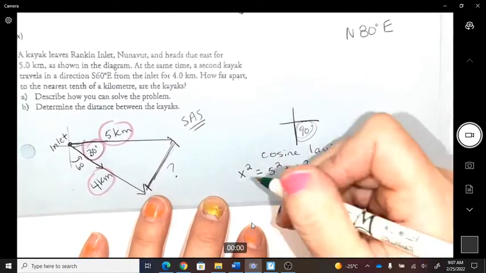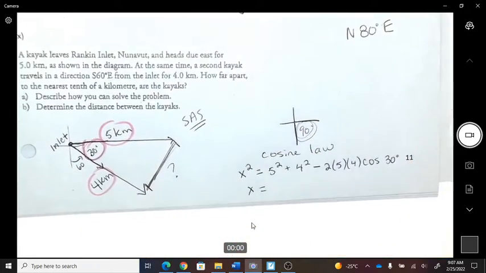Okay, so can you grab your calculator and figure this out? Don't forget, on this one is the one where you'll square root the answer.